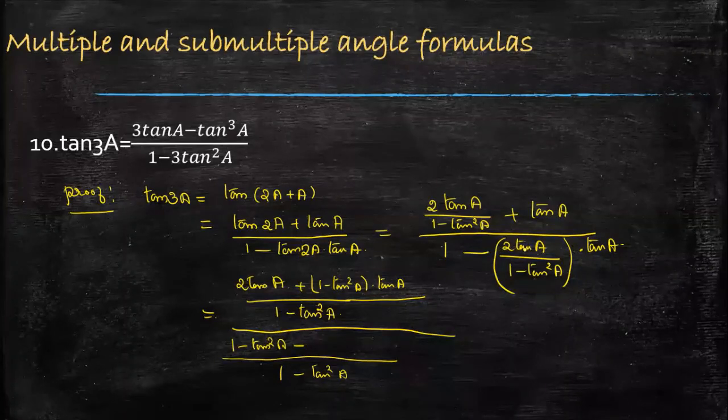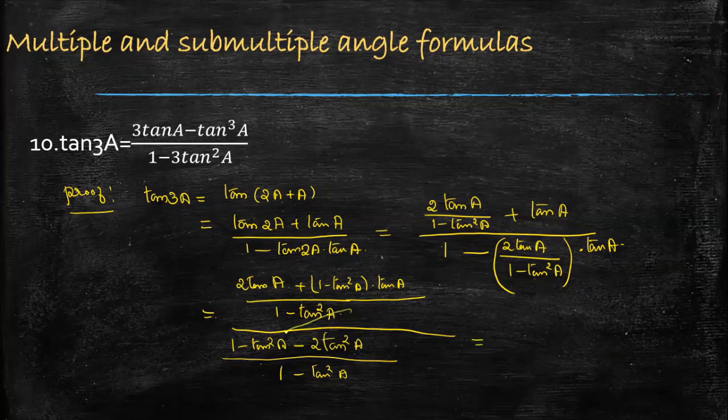What is 2 tan A into tan A? That is 2 tan square A. 2 tan square A into 1 is 2 tan square A. Now here 1 minus tan square A cancels.